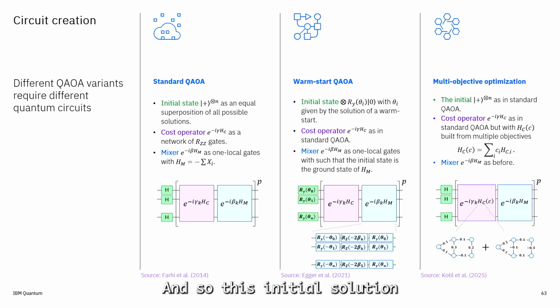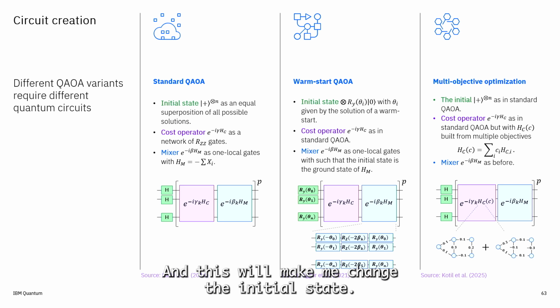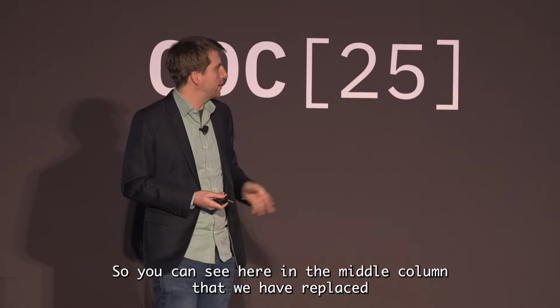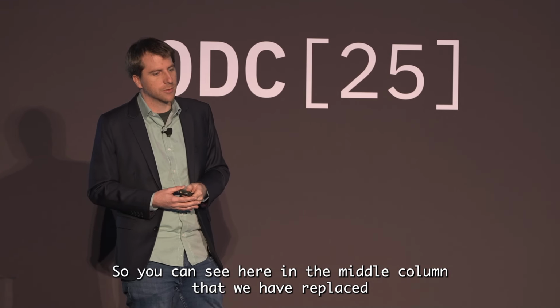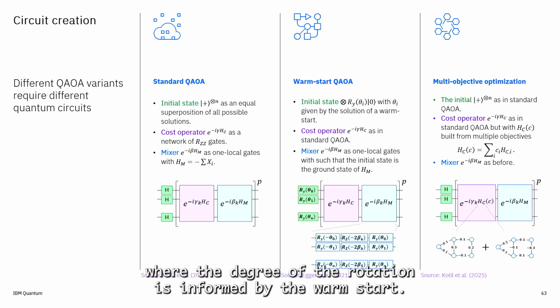This initial solution from the relaxation gives me a warm start, and this will make me change the initial state. You can see here in the middle column that we have replaced our Hadamard gates with rotations around the y-axis, where the degree of the rotation is informed by the warm start.